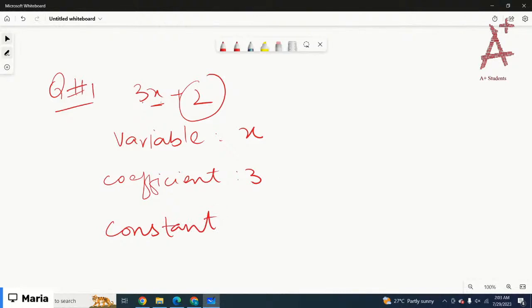So whenever you have an alphabet involved, a b c, either x y z, these are the variables, then the number that is written right before the variable is the coefficient of the variable, and the one that is written without any coefficient, that would be the constant. So here the constant is 2, right?